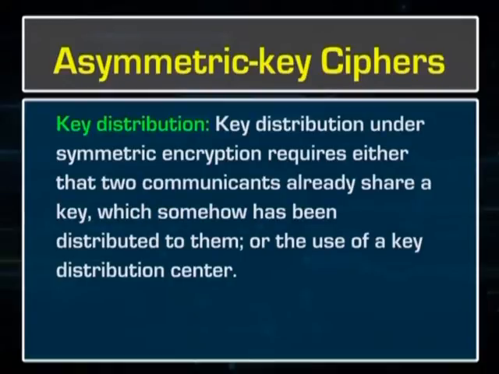The first problem is that of key distribution. Key distribution under symmetric encryption requires either that two communicants already share a key which somehow has been distributed to them, or the use of a key distribution center.